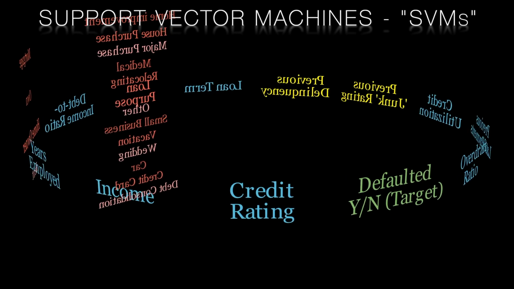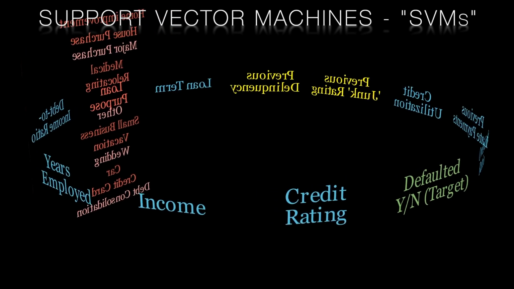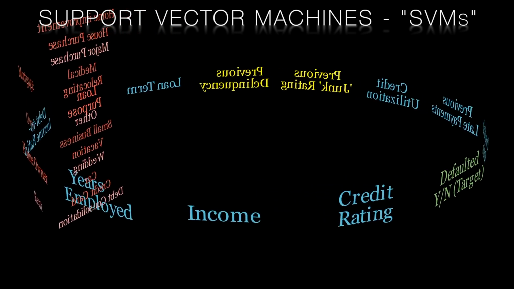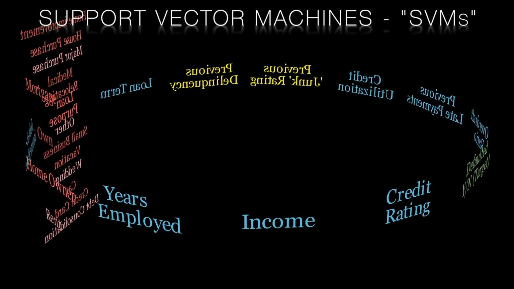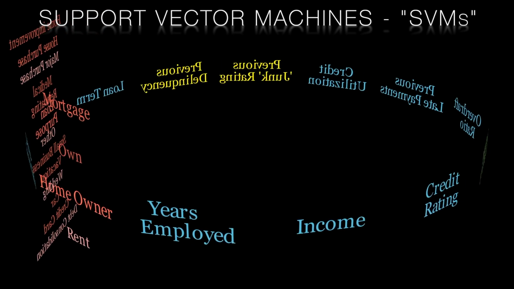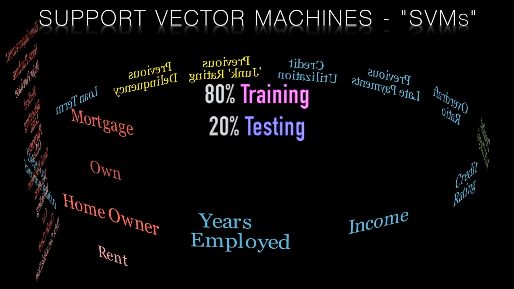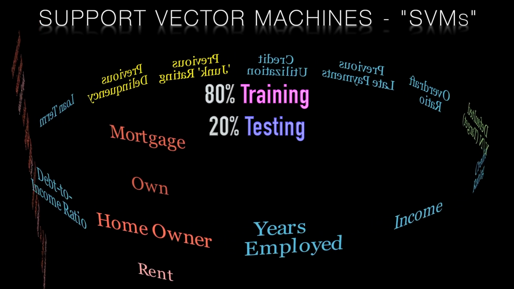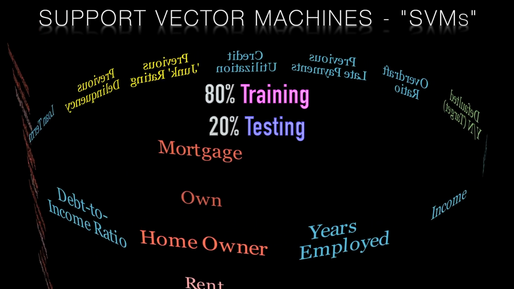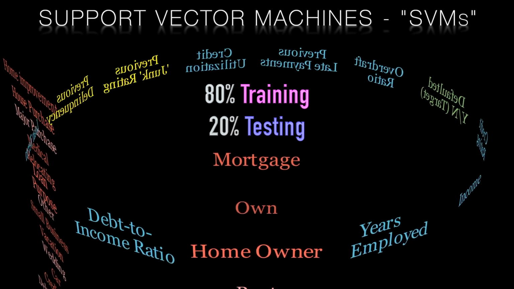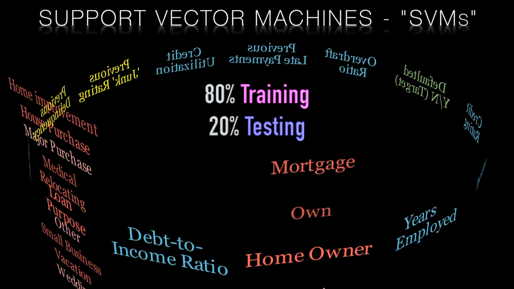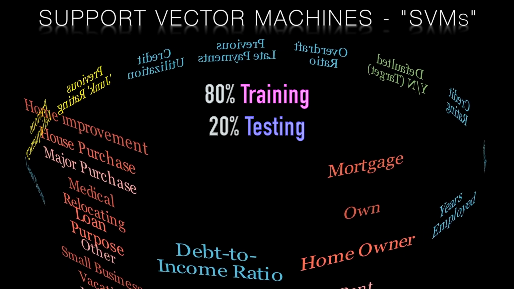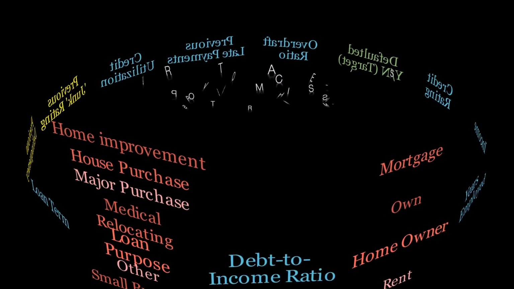It's also a binary yes-no variable and shows whether this borrower has defaulted or not. As discussed, we'll use 80% of these records to train our AI, and on the 20% held back, we'll see how good our support vector machine is at predicting whether this applicant has defaulted or not.